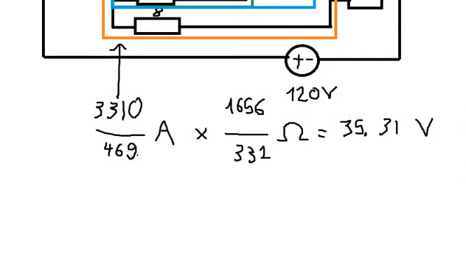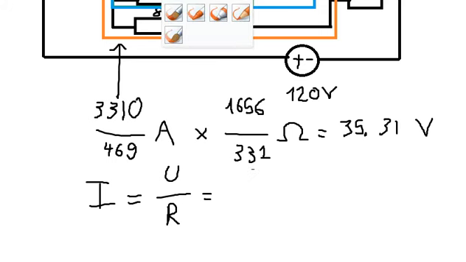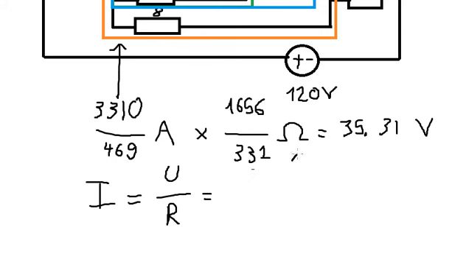So we have I equal to U divided by R. U we just calculated in here. This is about 35.31, I just approximate, but actually this number in here is 16,560 over 469.